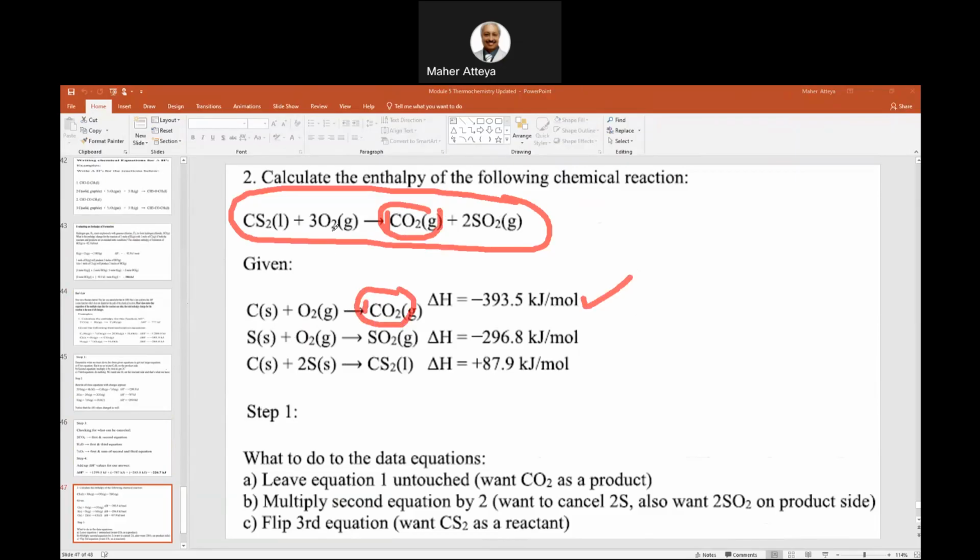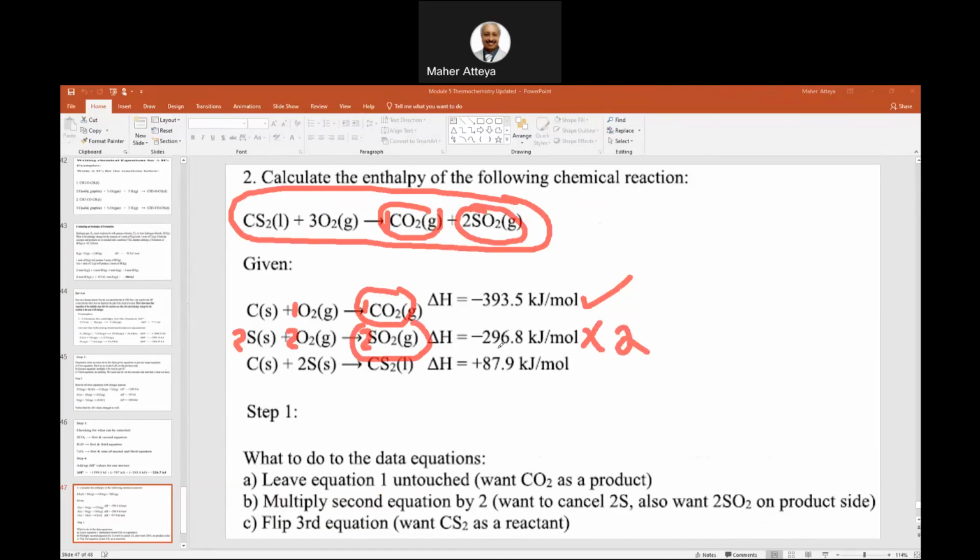Oxygen is 3, correct? Oxygen is 3. So what your intuition will tell you, this is already 1 here. I have to multiply the whole equation by 2. Correct? That's another product here. So I multiply this one here by 2.